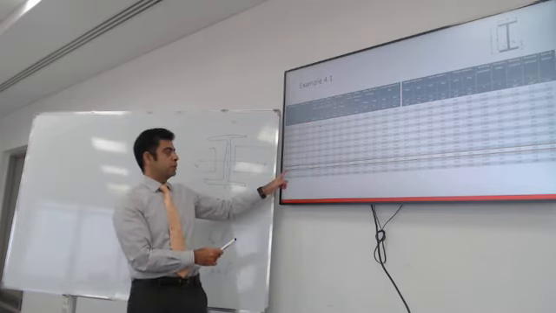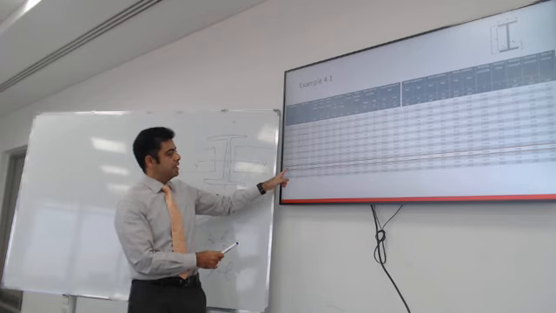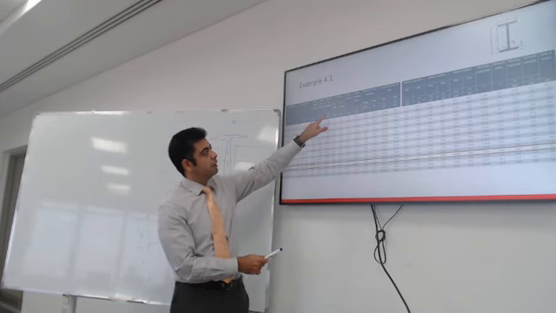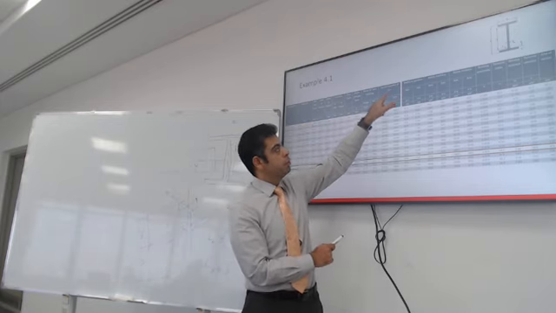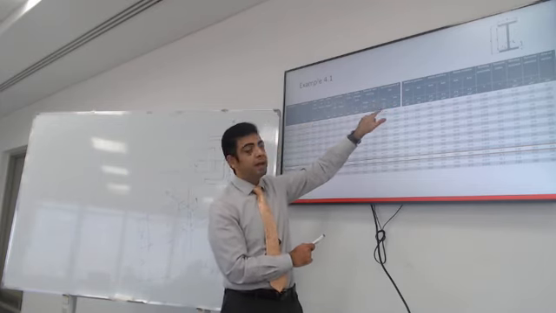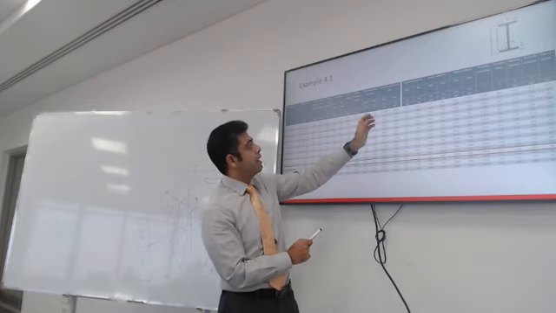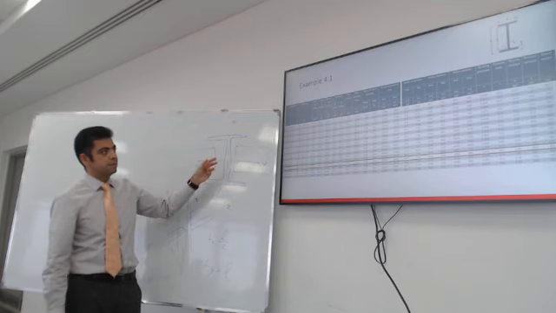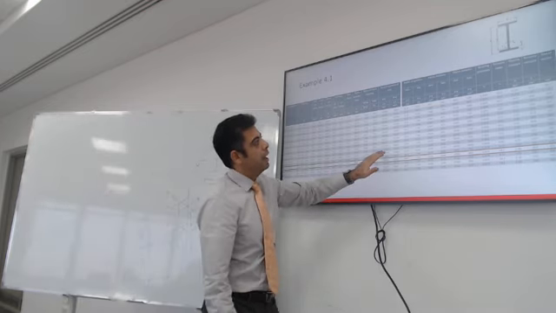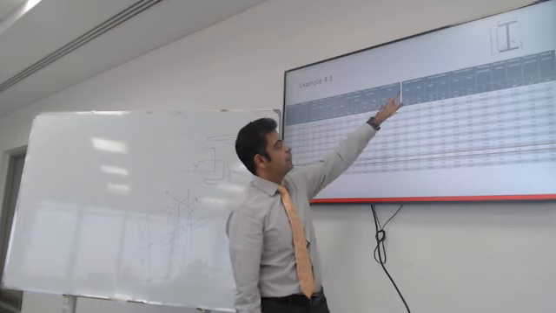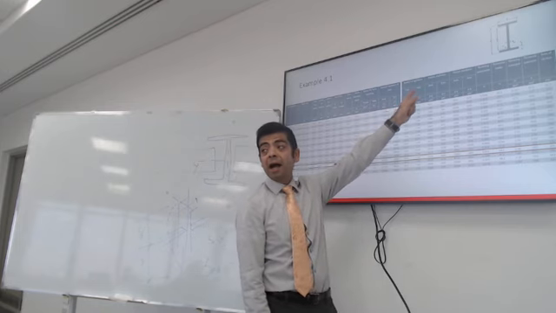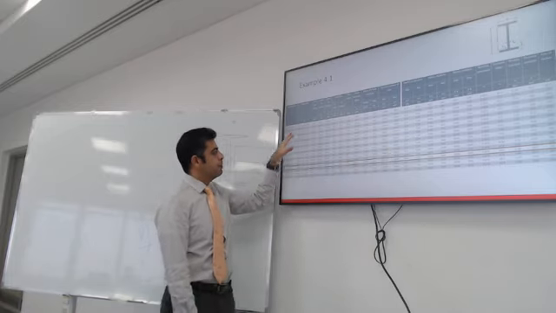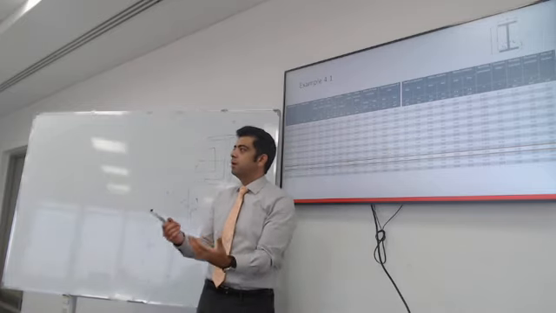So this is the section we chose, HEB340. It would tell us the height, the width, the second moment of area, the moment of inertia, about Y and about Z. Y is the strong direction, Z is the weaker direction, and it will tell us the radius of gyration, i or r. So a lot of the information we can get just from the properties of the cross section.